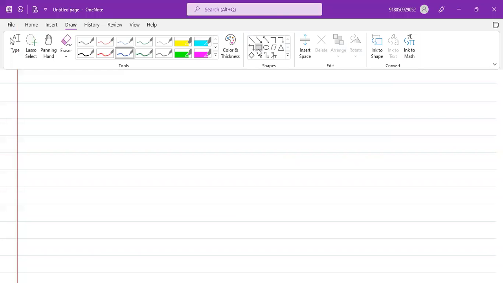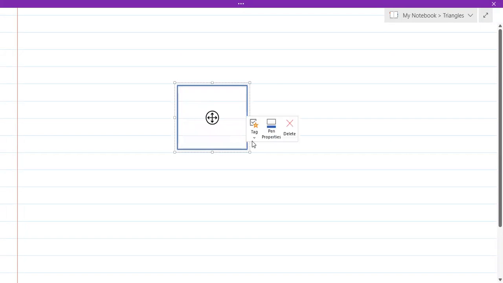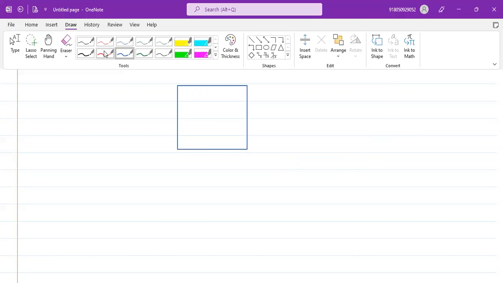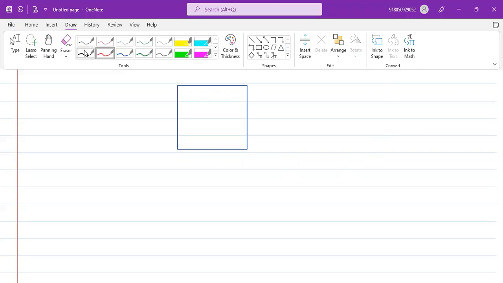Okay, so let's first take a square. Let me draw it here. Let's say this is the square. What is a square? All the sides are equal, isn't it? So let me say all the sides are equal to a.